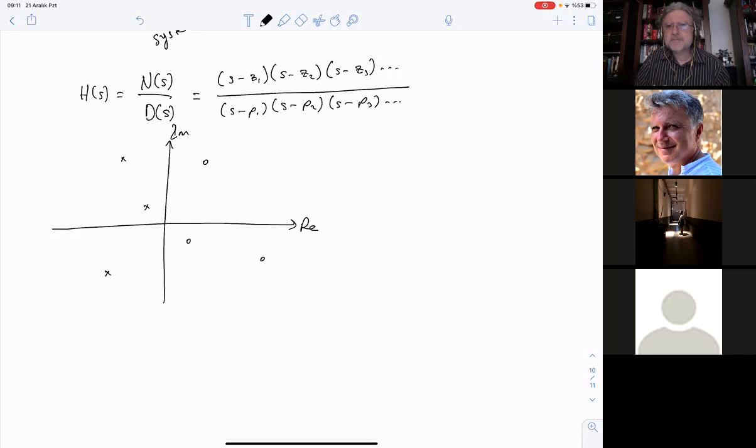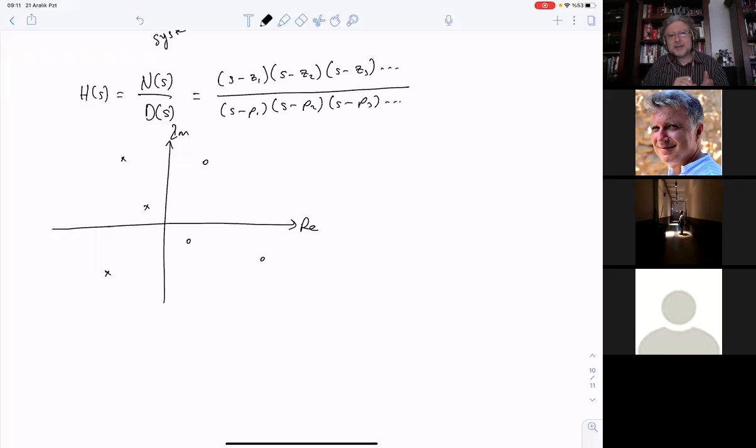These three, for example. I'm drawing them on the left-hand plane because I'm assuming that the system is a causal system, because it should better be a physical system. Since it is a physical and causal system, the region of convergence is to the right of the rightmost pole.